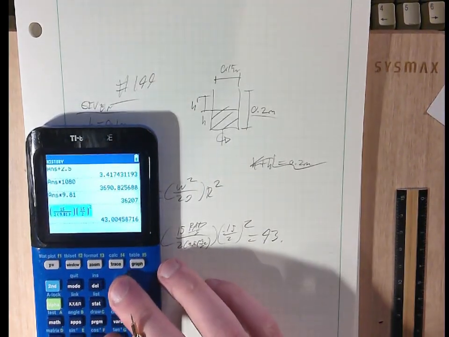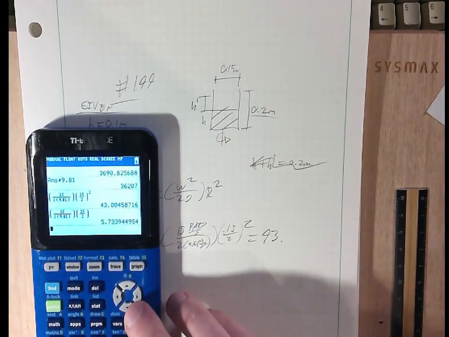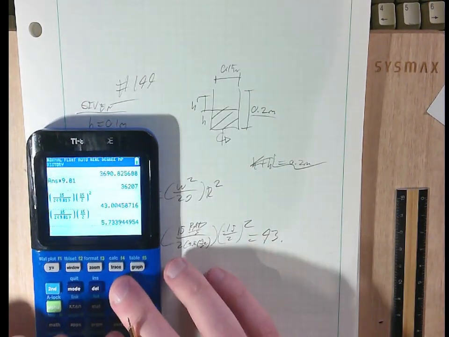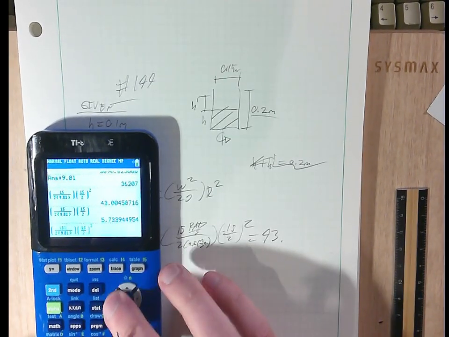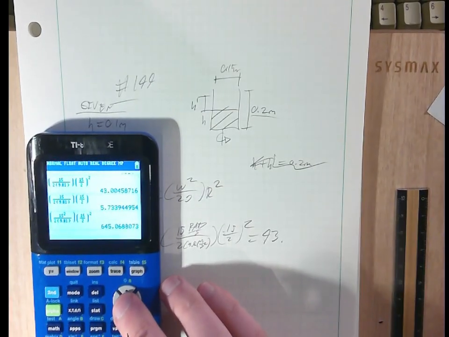I don't think it should be squared. Oh, I forgot to square the W. Never mind, this should be squared. That should also be squared. There we go. Sweet.